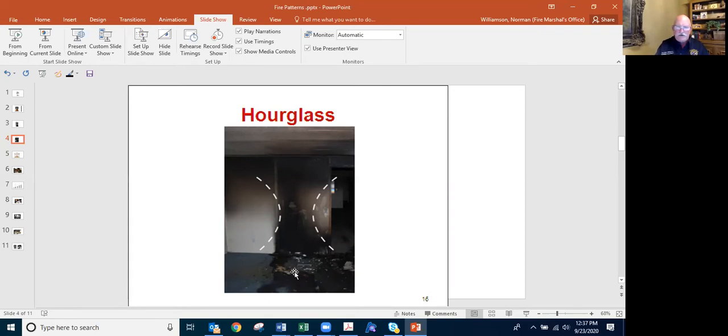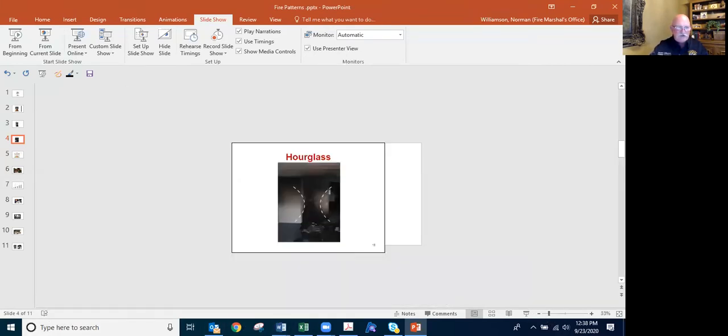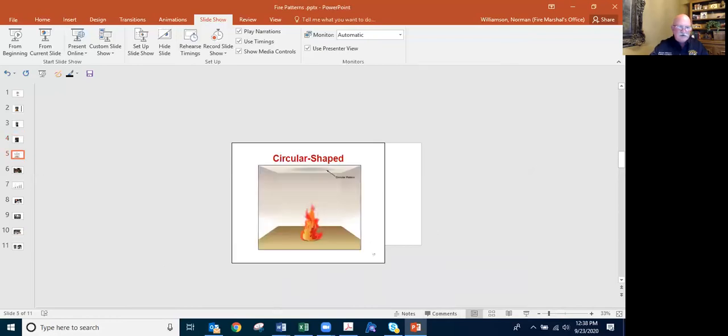Yes, sir. The reason that happens is because the fire has to come in before it goes up. So the pattern starts a good distance above the floor. It could be caused by, say, a coffee table or an end table or something like that. It's basically an inverted V with a normal V shape on top. So any of those things could cause that type of shape.